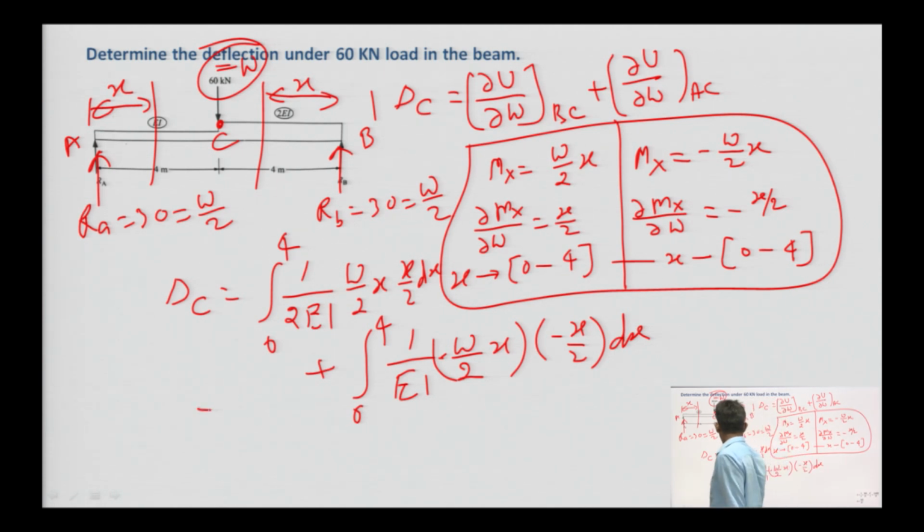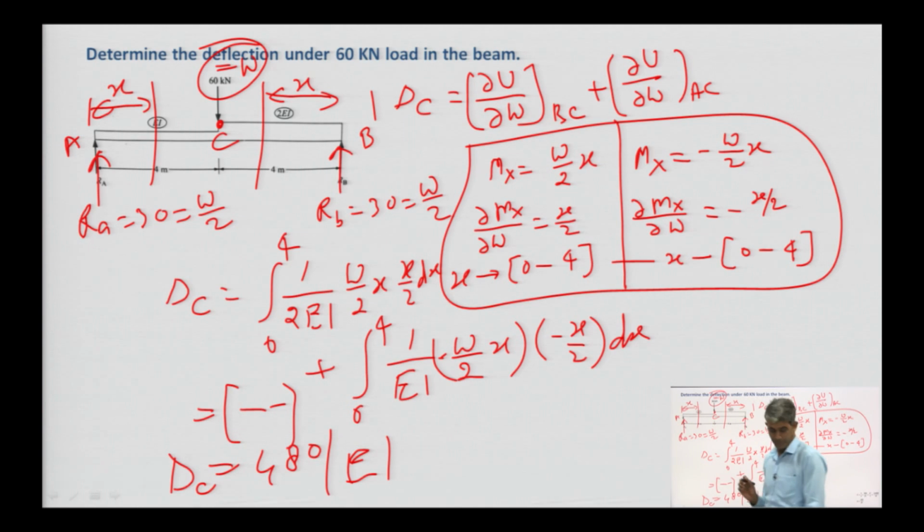By doing the integration we will get the value in terms of W, and by putting the value of W we will have 480 upon E I.